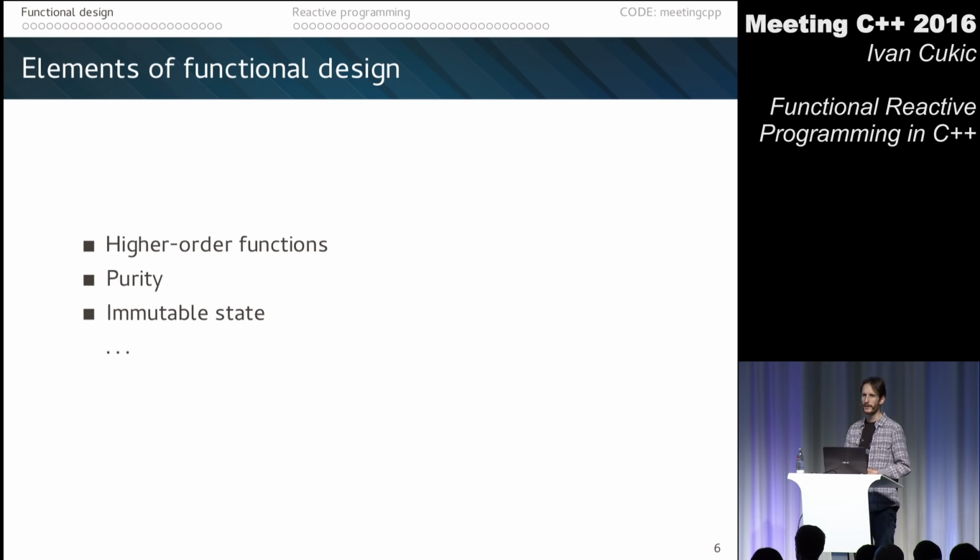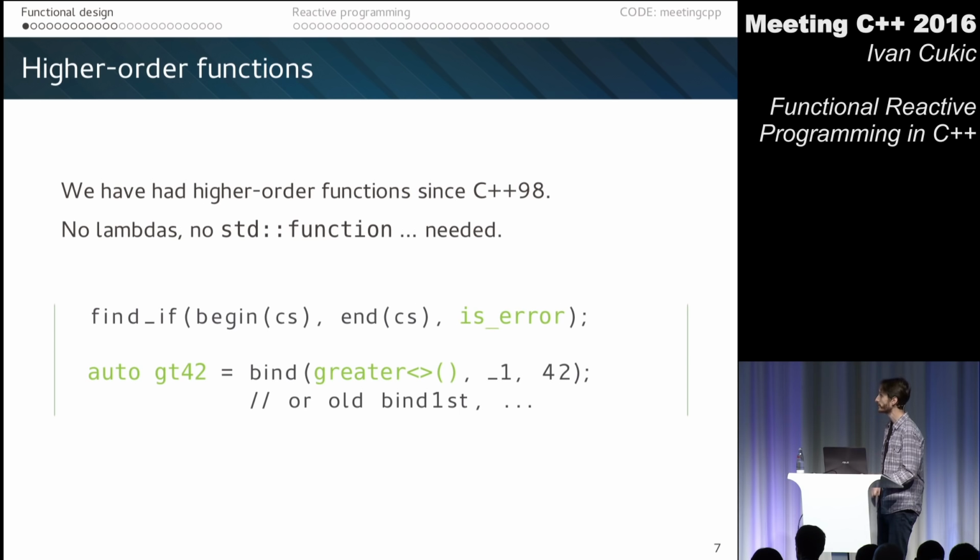But you rarely hear why and how you can actually develop software without changing any state. So as I said, we are going to focus mostly on design now, and skip all the nitty-gritty code details.